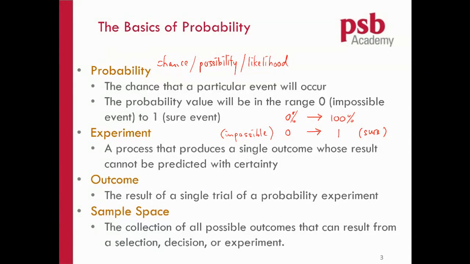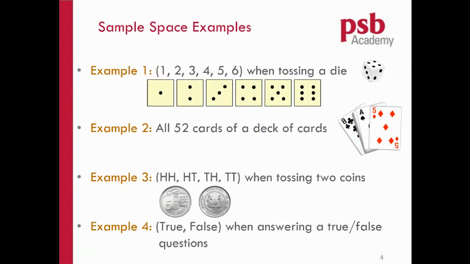The last one, what is a sample space? The definition says: the collection of all possible outcomes that can result from a selection, a decision, or an experiment. Let me show you here. What is sample space? When you toss a die, this is a die, right? You toss it. How many sides do you have?